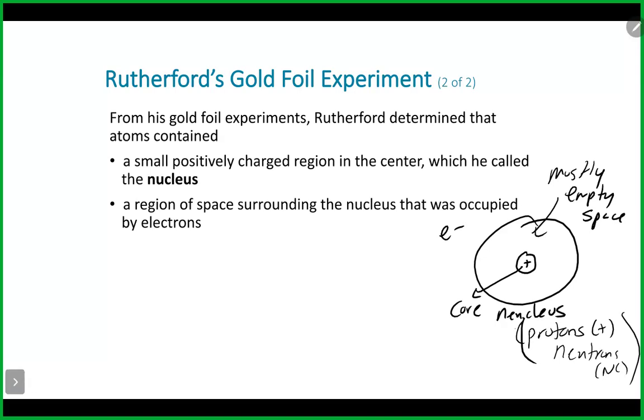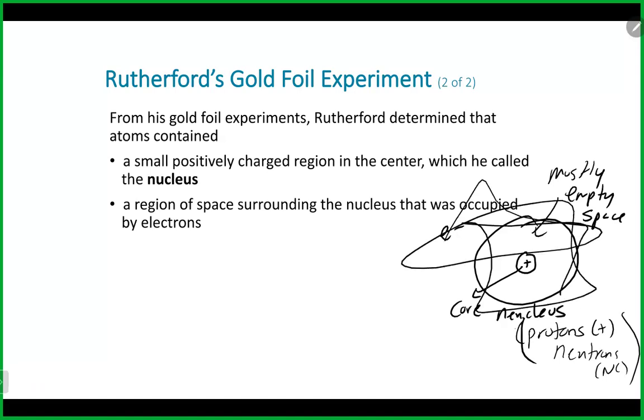Just so you know, electrons do not travel in pretty little circles, yeah? They travel randomly about the nucleus. Don't really know how they're traveling, don't know where they're at. I know sometimes biology likes pretty little circles for electrons, but they don't really travel that way. They travel in a pretty random fashion. By the way, should there be some type of attraction between the electrons and the nucleus, which is ultimately positively charged?